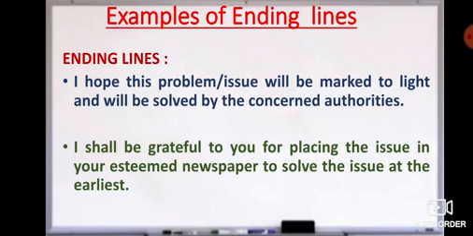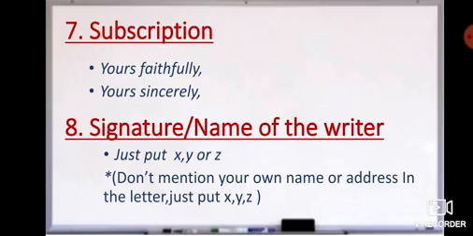After that, in the subscription step, we can write yours faithfully, yours sincerely, etc. Then in the 8th step, we have to write the name of the writer. But here just we have to put X, Y or Z. Don't mention your own name or address in the letter.